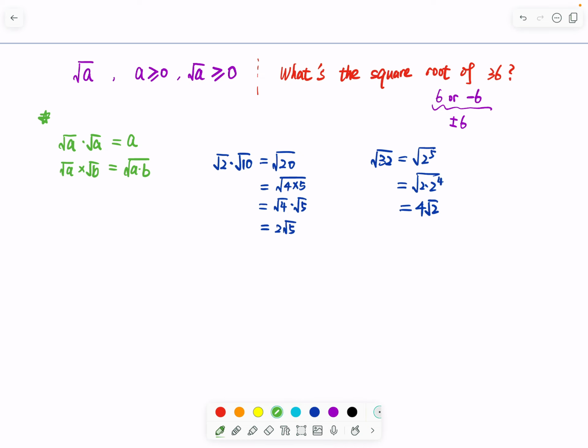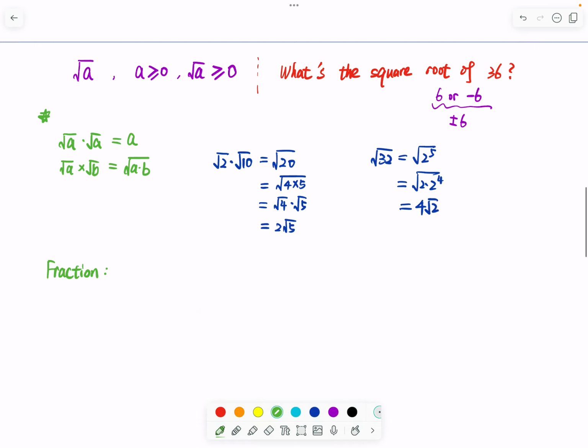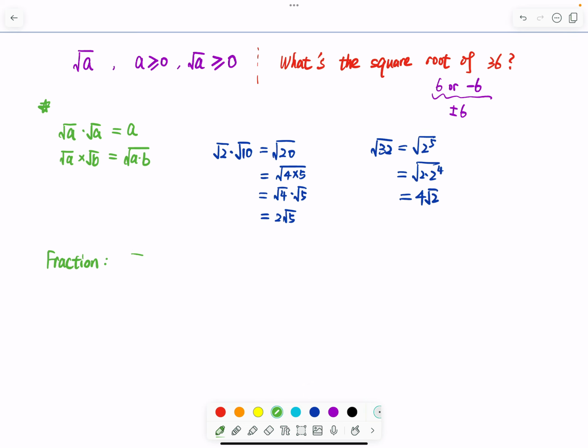Now, we have another very important thing about the fraction. About the fraction, we have another rule. For example, if I have root a over root b, I can rewrite it into root of a over b. But we will not always write it in this form.